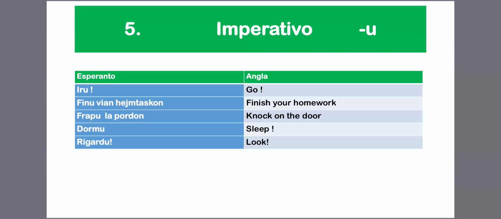Finu vian hejmtaskon. Finish. Frapu. Knock. Dormu. Sleep. Rigardu. Look. This is how you can express an order in Esperanto. You only put U, and this is an order, and we call it imperativo.